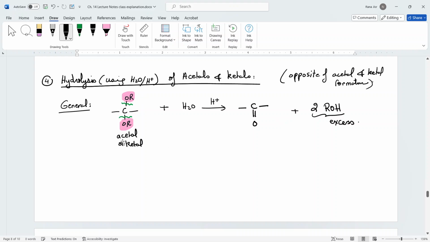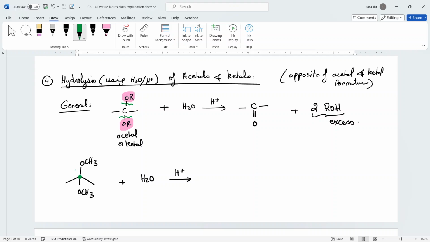You form the acetal and ketal, you add some water together with the acid, and you're back to the carbonyl again. So let's go ahead and have an example. Let's say I have this acetal here. This is the OCH3, and I am reacting it with water in the presence of an acid. So immediately this is what you need to do.